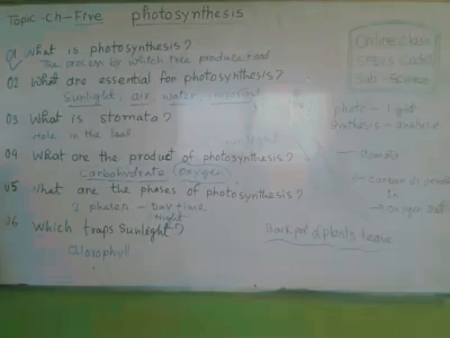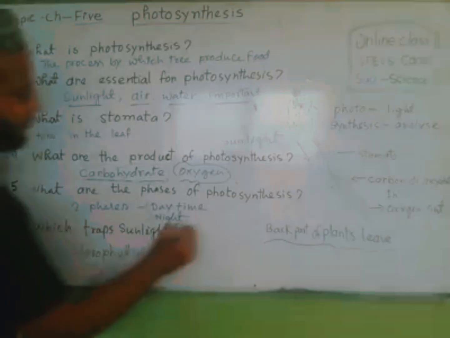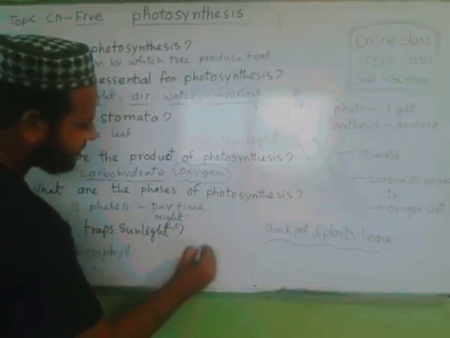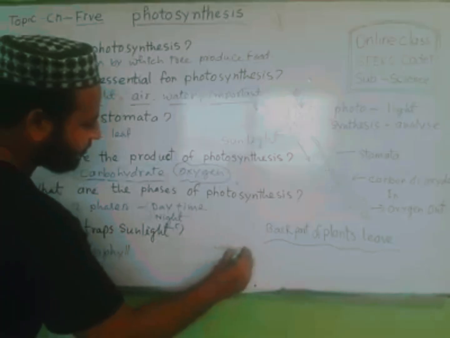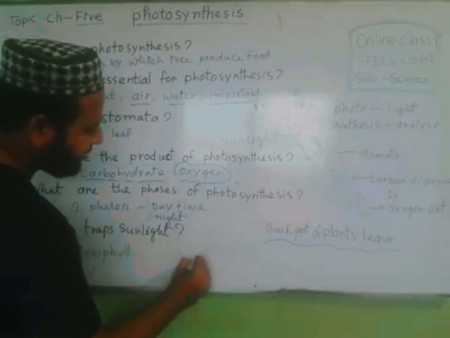So photosynthesis is of two types: one is the light phase, and another is the dark phase.